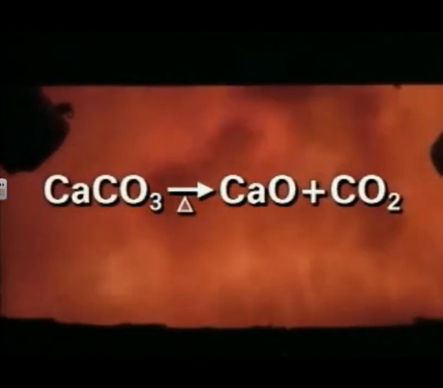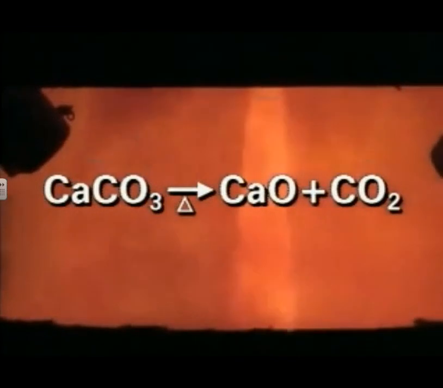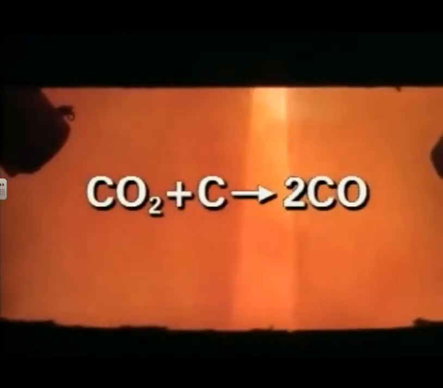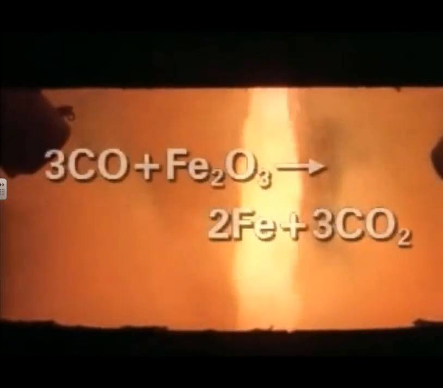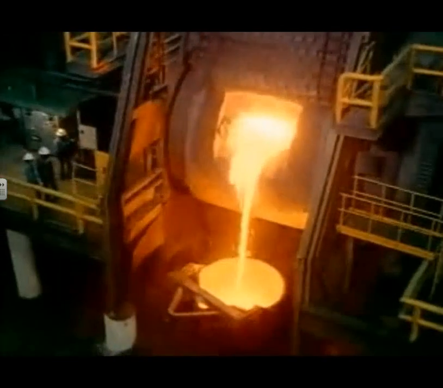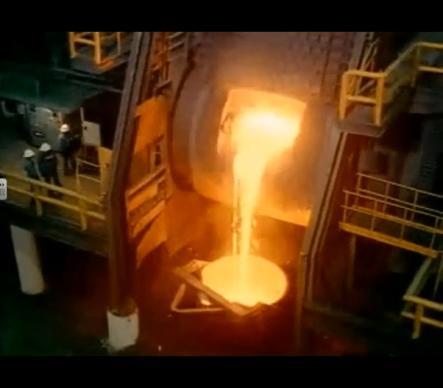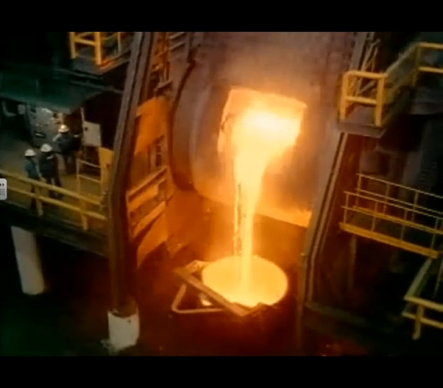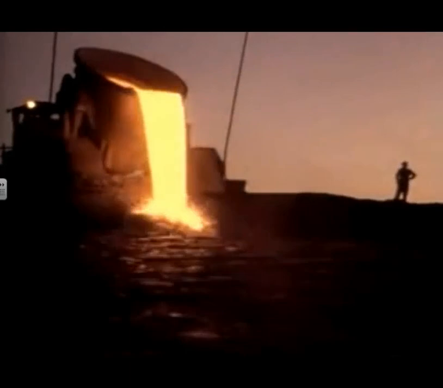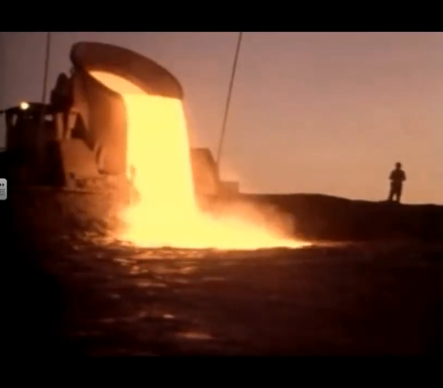The heat decomposes the limestone into calcium oxide and additional carbon dioxide. The carbon dioxide oxidizes coke to form carbon monoxide, which in turn reduces the iron ore to iron. The molten iron is tapped into large ladles holding hundreds of tons at the bottom of the furnace. Waste materials in the form of slag are removed from the top of the furnace and disposed of in large pits.